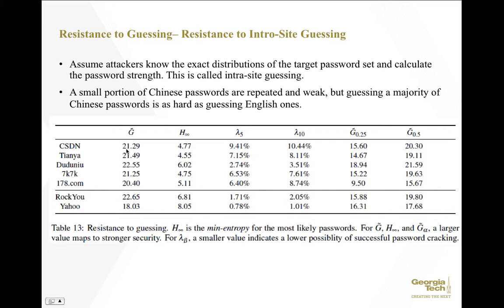So you can see for most Chinese and English passwords, they have a very large G value, and also for the gamma, the value is small. Which means on average, all these passwords are strong passwords. At least most of them.